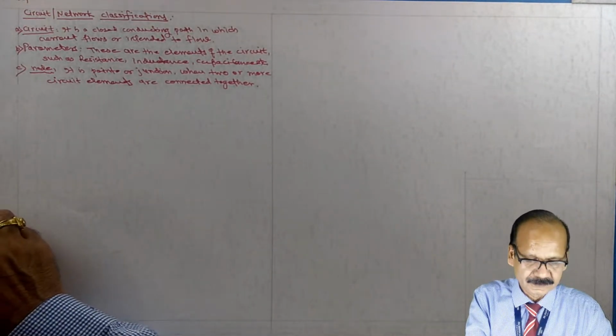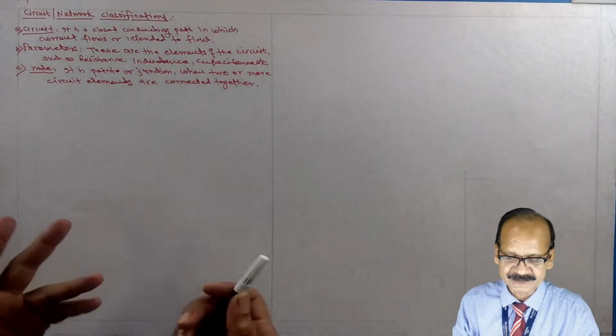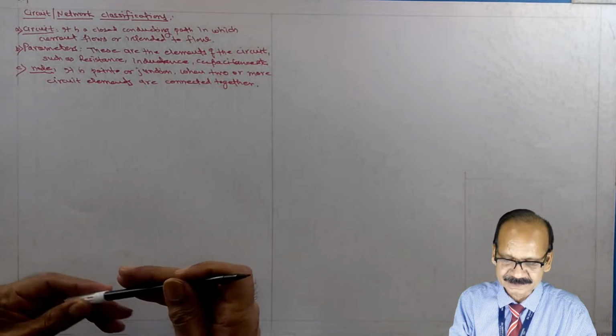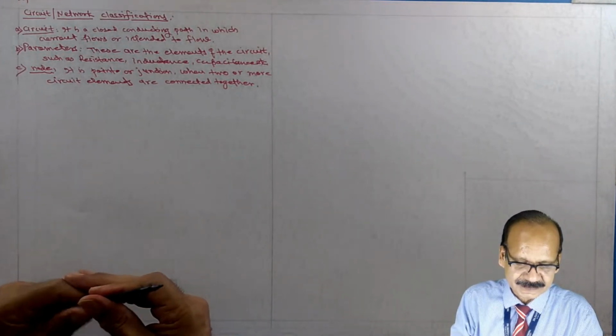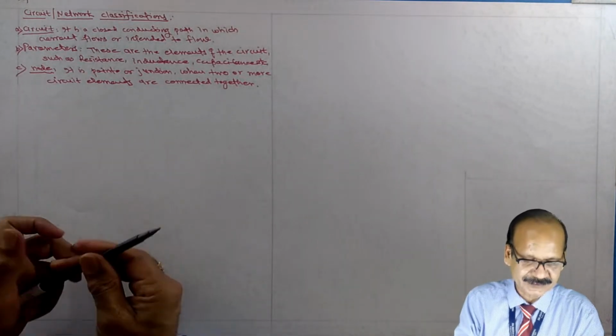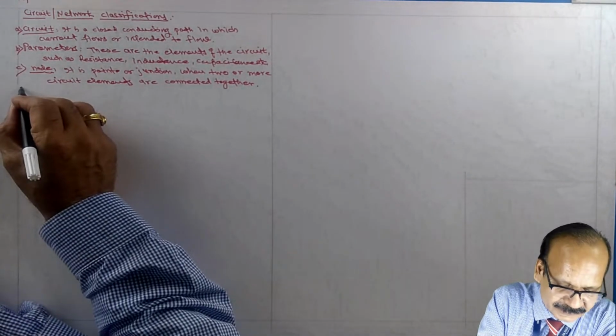So a node is nothing but a point or a junction when two or more circuit elements are connected together. Now what is a branch?